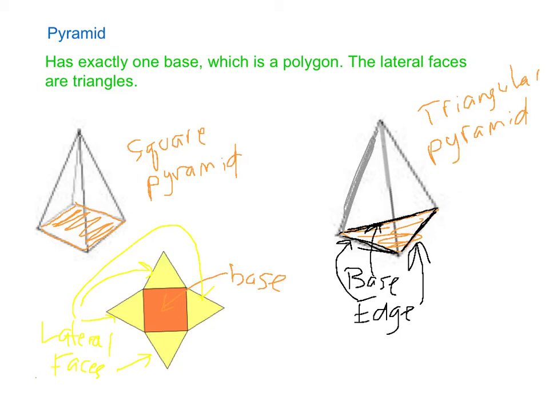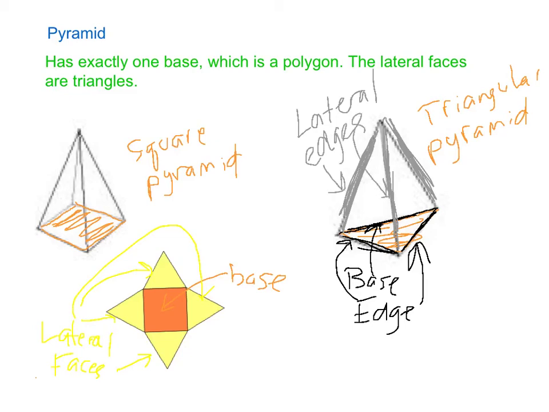So this is a lateral edge, here's a lateral edge, and here's another lateral edge. So this triangular pyramid has 3 lateral edges and 3 base edges. So those are lateral edges.